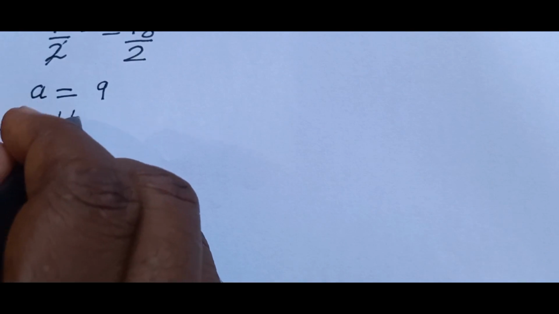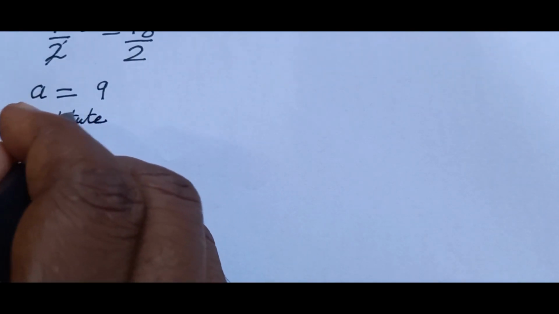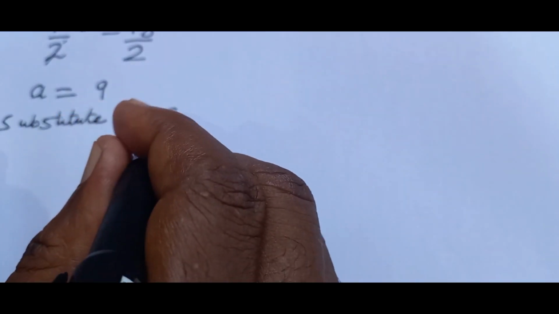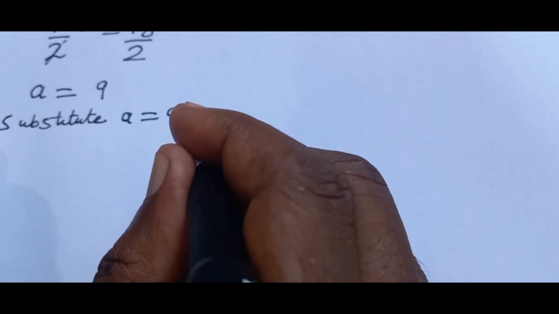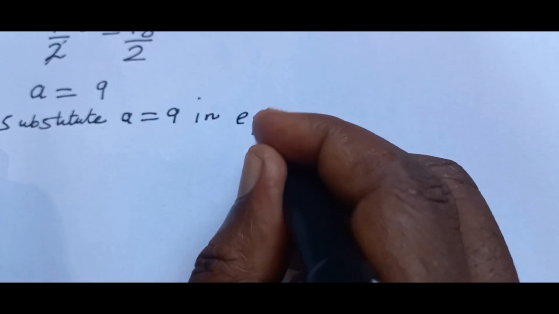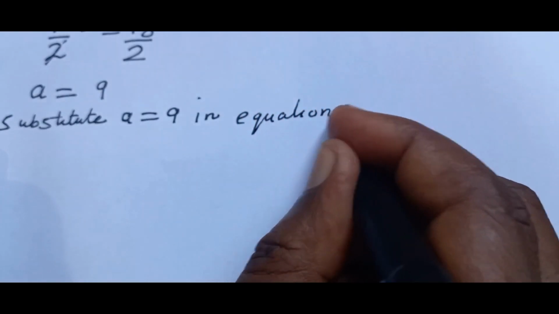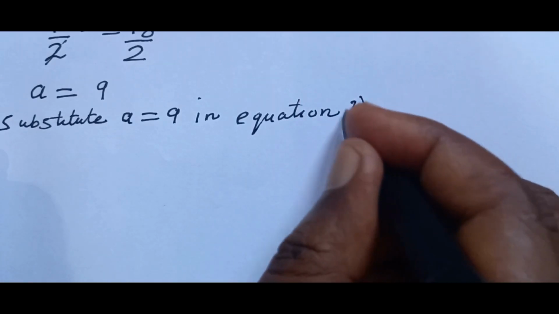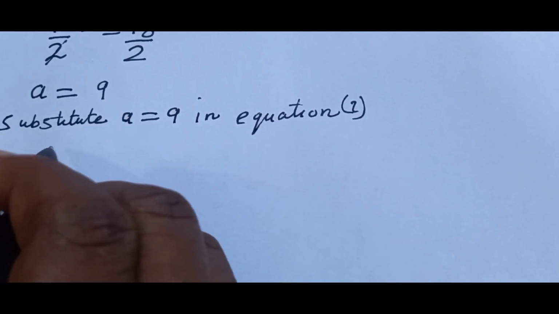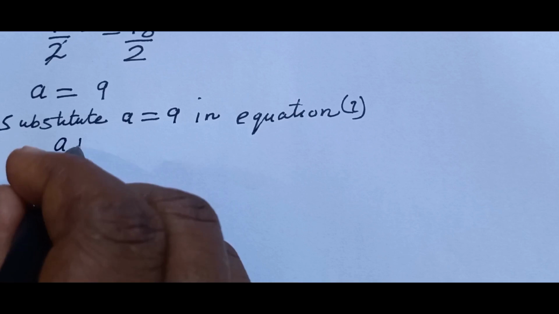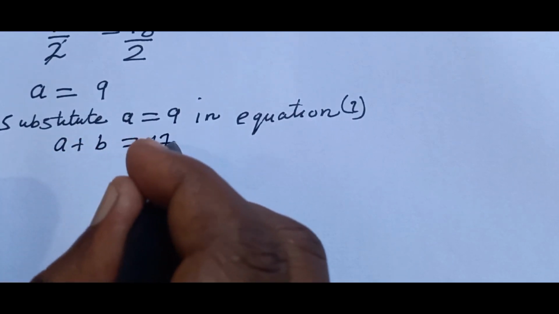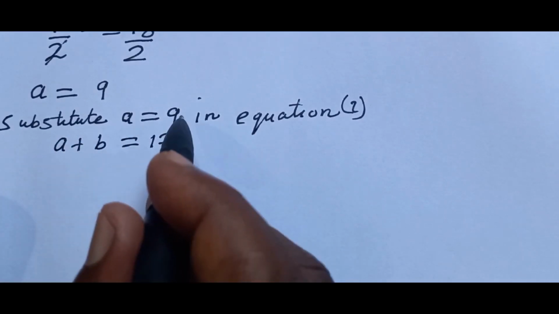Substitute the value of A, which is equal to 9, in equation 1. Equation 1 is A plus B equals 17, but A equals 9.